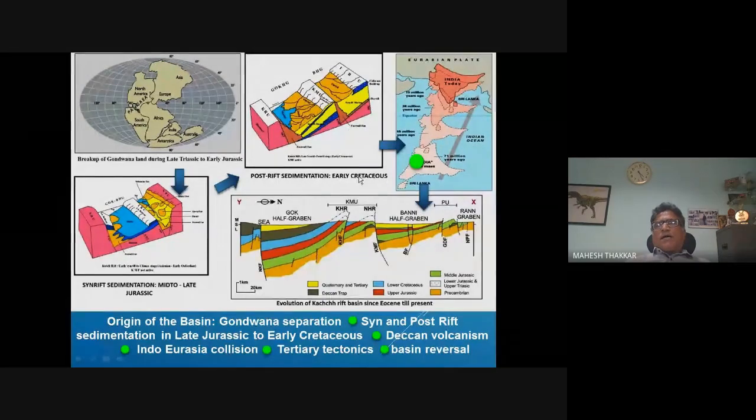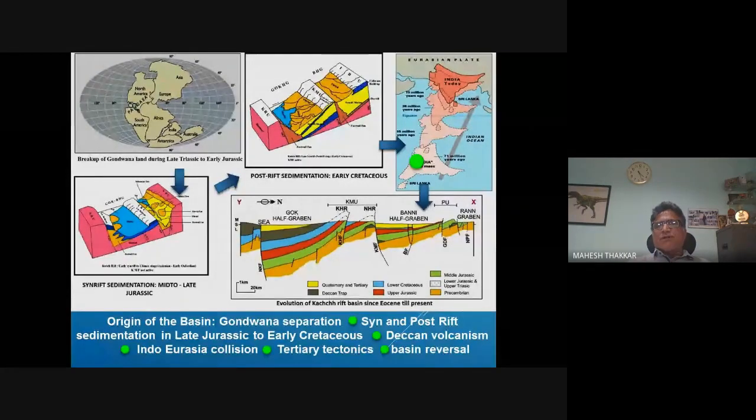At the end of the Cretaceous time, as everybody knows, the Indian plate was moving over the Reunion hotspot, and at that point there were great volcanic eruptions and also igneous intrusive activities all over India, and at the same time in the western part of India, in Kachchh as well as in Saurashtra.